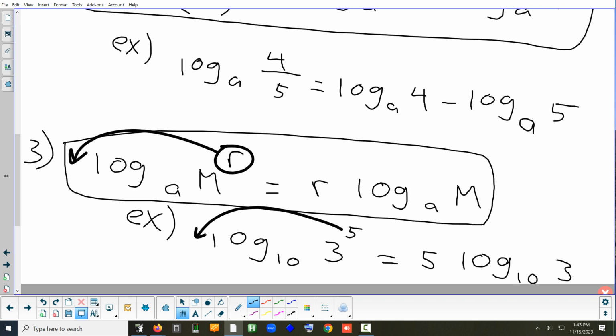And the reason why we want to do that is because if the exponent is a variable, it's complicated to solve equations that have variables in the exponent. Well, now we have a way to get rid of exponents in a problem. If you can get rid of exponents, it makes your problem easier.